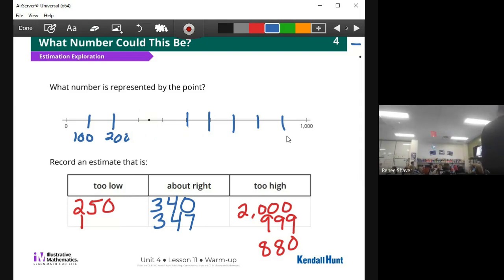What do you think? Maybe 345. Guys, I would say anything around there would be correct. I might even expect 350 because it's pretty close. And it says about, so we know we can estimate.